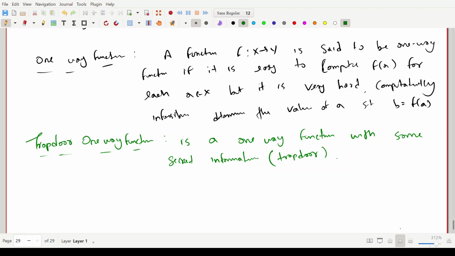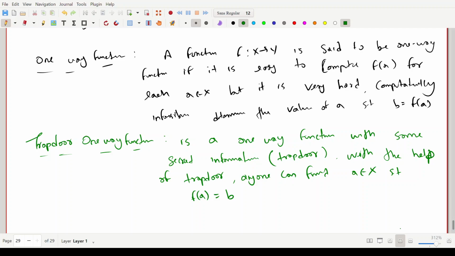With the help of this information, anyone can find the pre-image such that f of a is b, for any given b in Y.